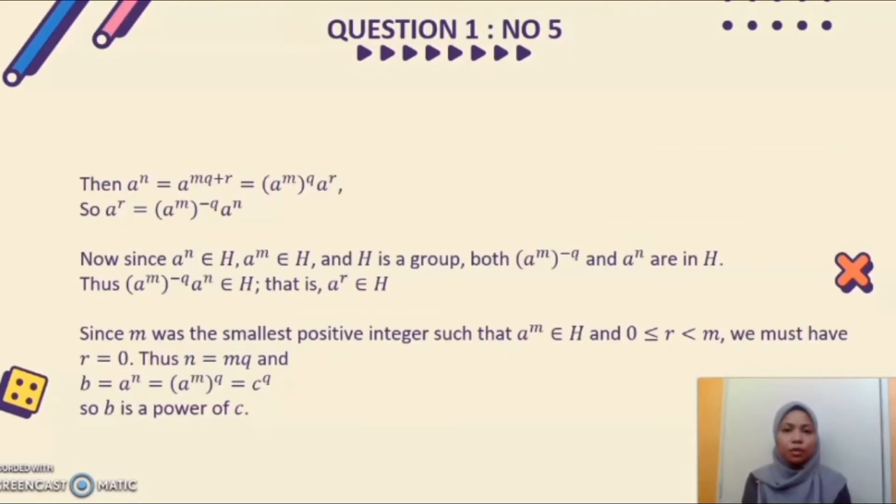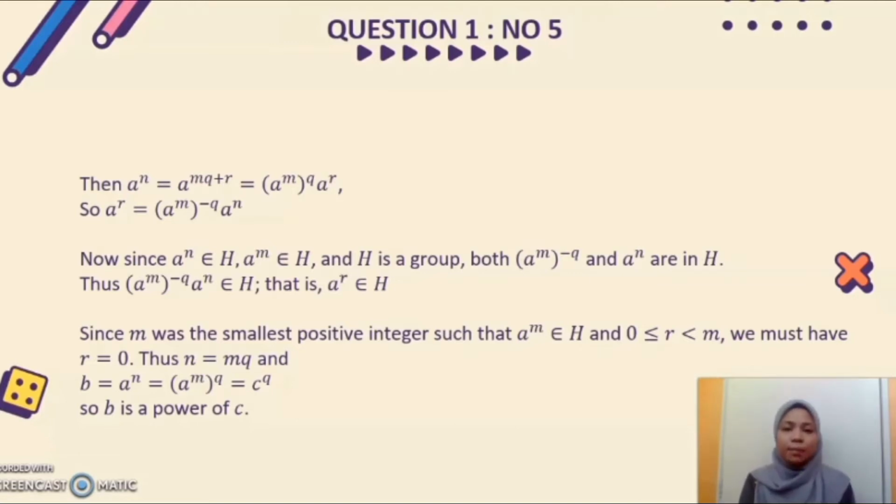Then a^n = a^(mq+r) = (a^m)^q times a^r. If we multiply the above equation on the left by the inverse of (a^m)^q, we get a^r = (a^m)^(-q) times a^n.